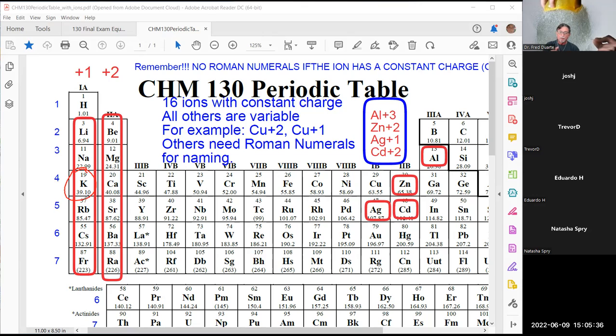If I round that up, I get potassium-39. So potassium-39 is the most abundant isotope, based on the atomic weight rounded up. Potassium-40 is not the most abundant isotope, okay? And the difference between potassium-39 and potassium-40 is one neutron. Potassium-40 has one more neutron. All right, let's go back.